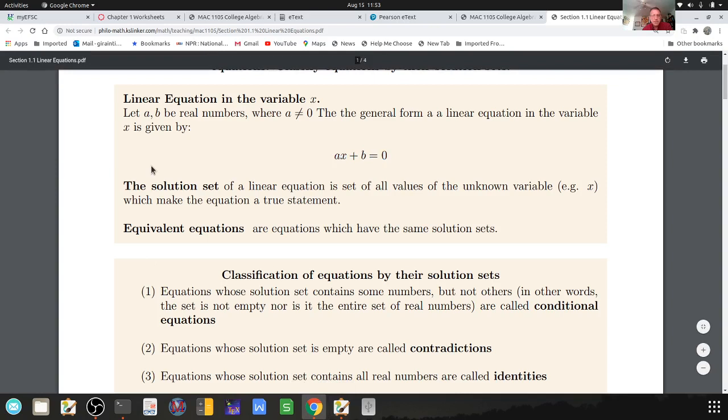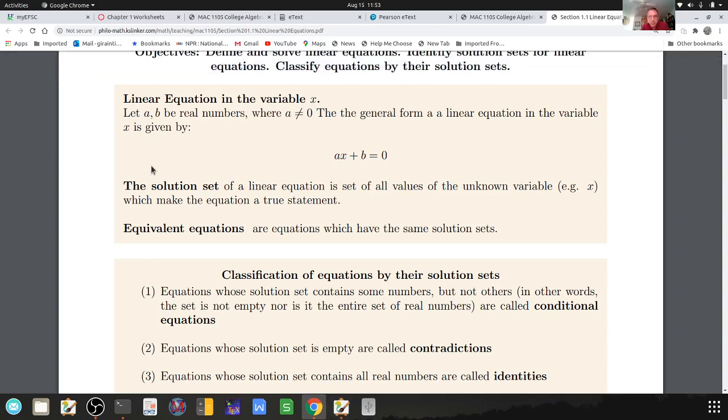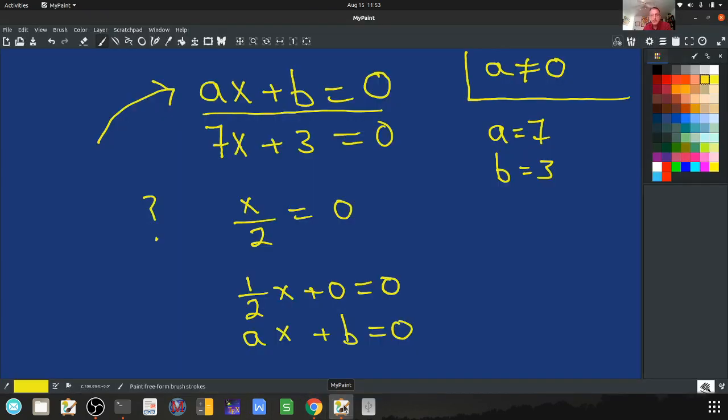So let's go back. The solution set of a linear equation is the set of all values of the unknown variable, in this case that unknown variable is x, which make the equation a true statement. So let's go back to here and let's look at this first example.